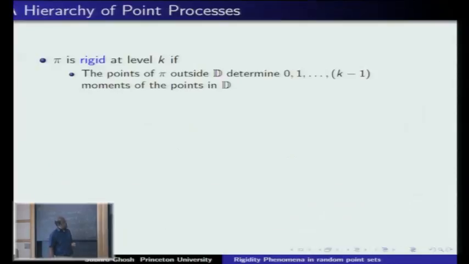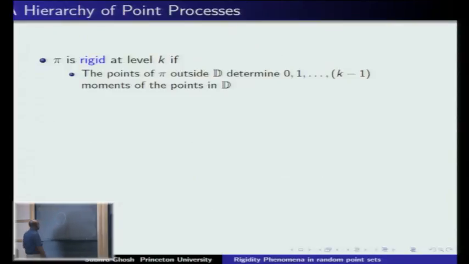Okay. So now let me talk a little bit about a hierarchy of point processes. We saw some examples where the points outside a disk or a domain determine the number of points inside.